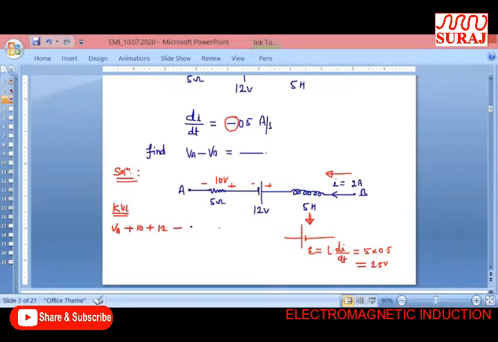You will get minus 2, not minus 2, but minus 2.5. Then you have reached VB. So VA minus VB we are getting here is 22 minus 2.5, which is 19.5 volt.